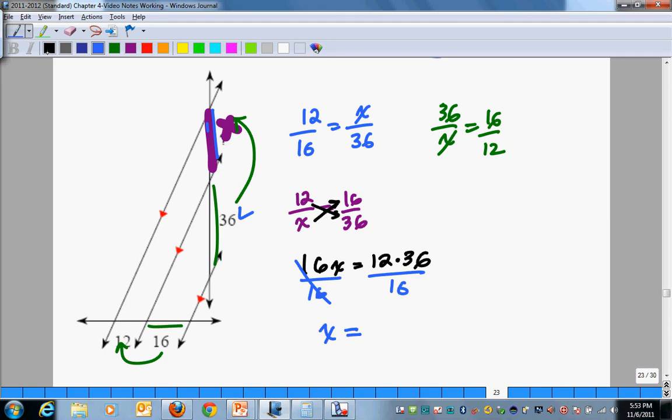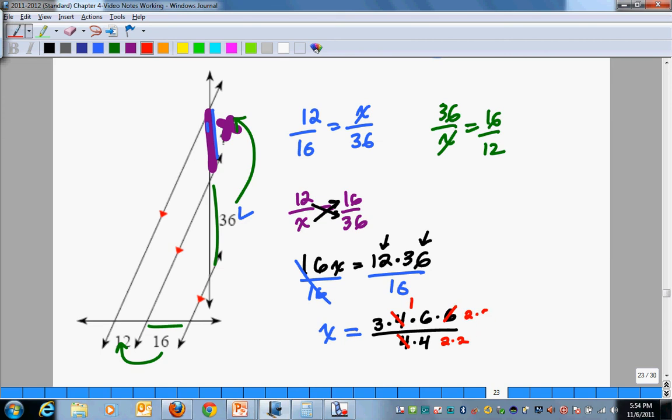Notice I didn't multiply things out because it's actually easier to factor. I'm going to factor 12. I get 3 times 4. Factor 36, which is 6 times 6. And down here it's 4 times 4. That's 1. Here I have 2 times 2.